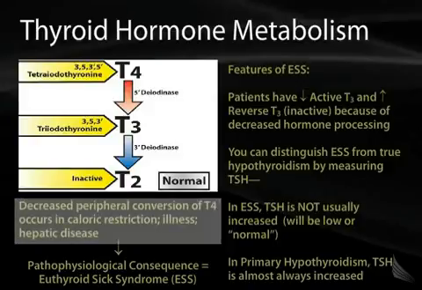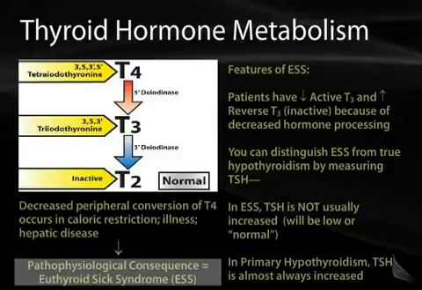So anytime you have a decrease in peripheral conversion of T4 to T3, potentially it could lead to a situation where you would get a low thyroid status. And those situations could be anything that would involve caloric restriction, chronic illness, hepatic disease, and so on.